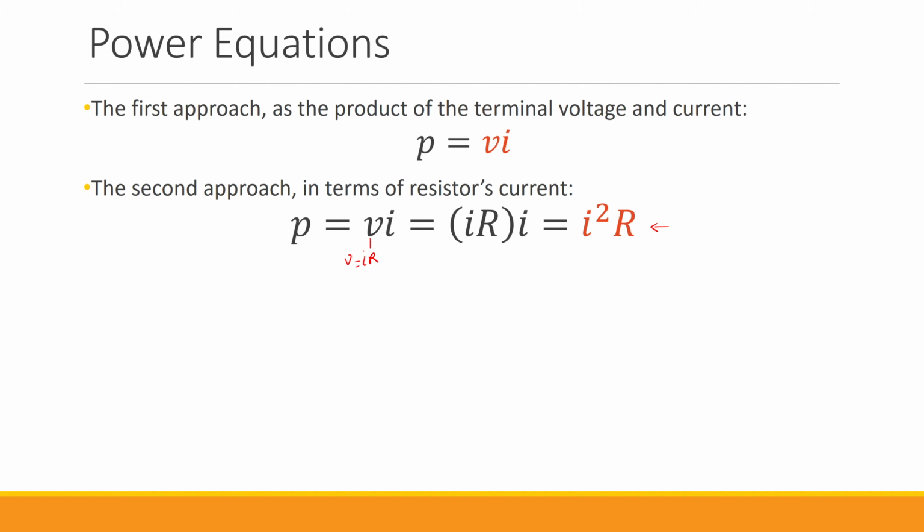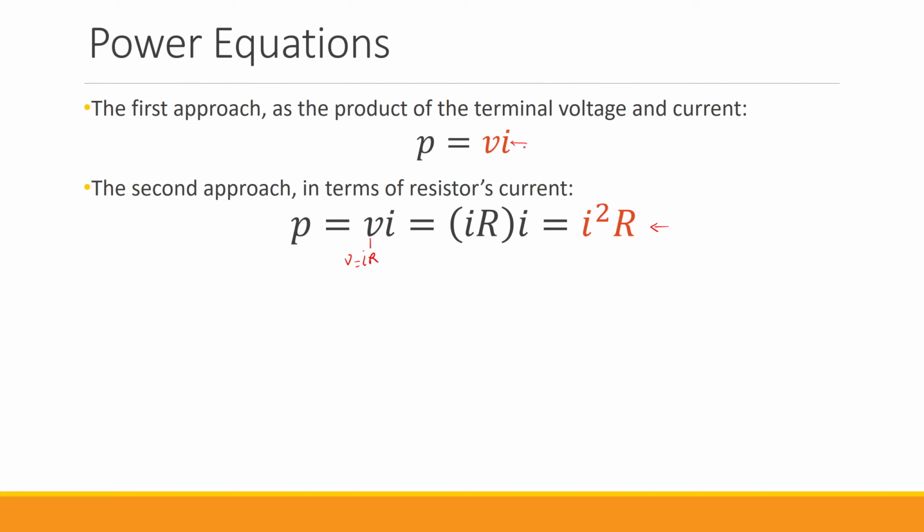So in the first approach, P equals VI. So that is true no matter what is the element. It can be a conductor, it can be an inductor, it can be a capacitor, it can be a voltage source, so that is true always, right?